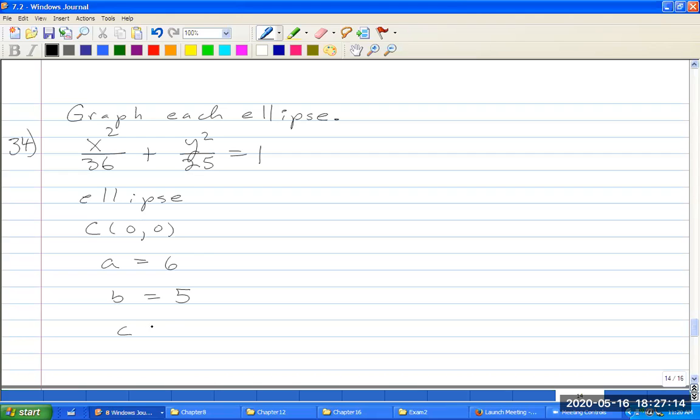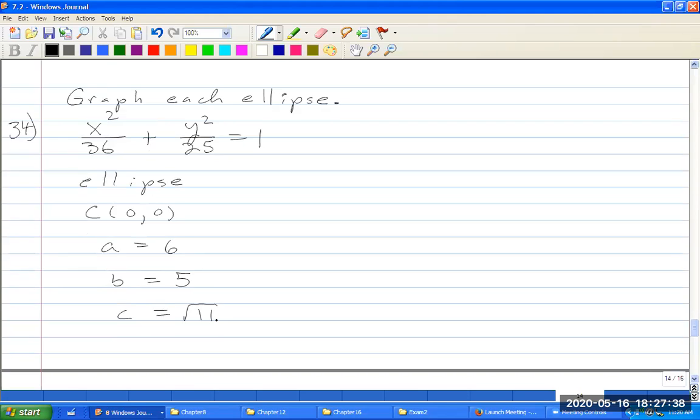Next, c: 36 minus 25. This is a plus sign, so subtract. Math is always backwards. So you just take 36 minus 25, which is 11, and so c is radical 11.